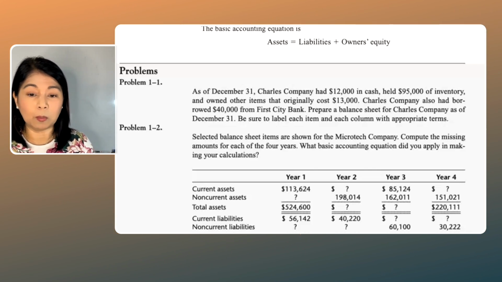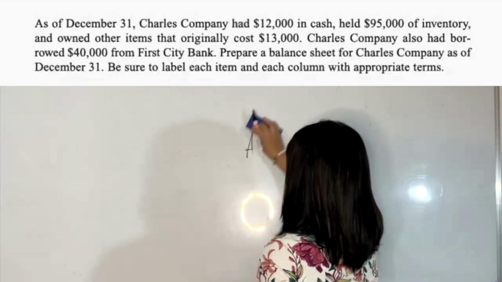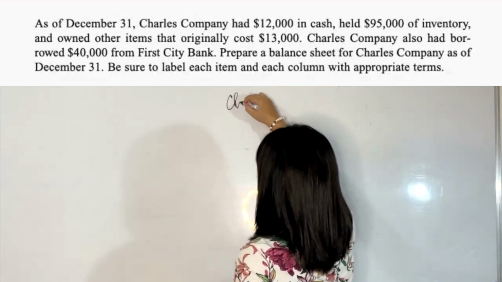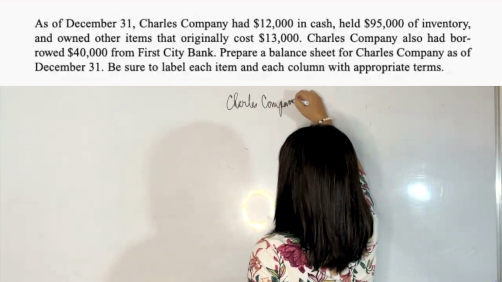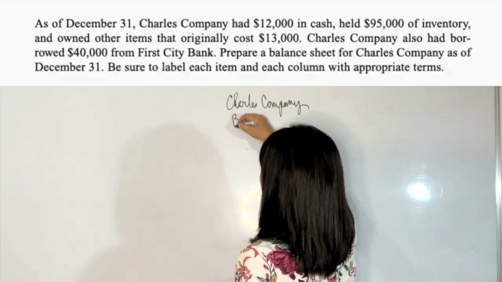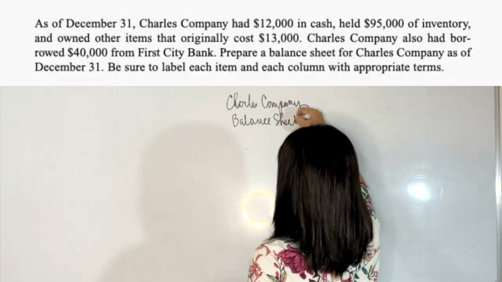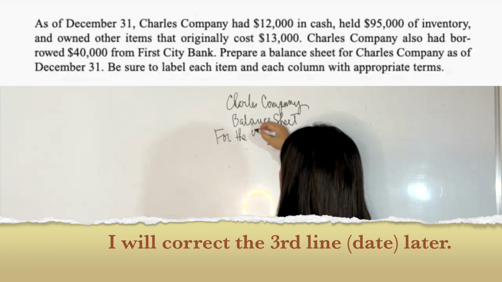So I will start with the heading. The heading starts with Charles' company. RM, can you read this? We can just say balance sheet or statement of financial position. Let's just say balance sheet for the year ended.